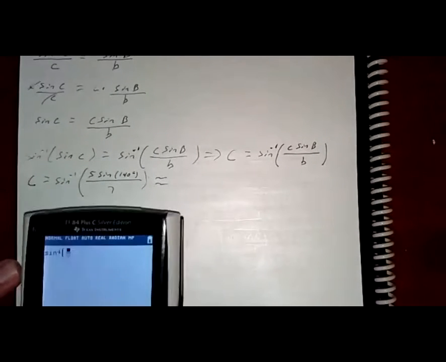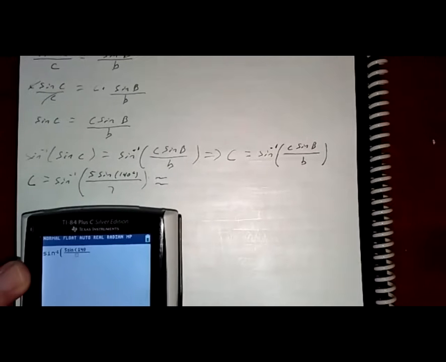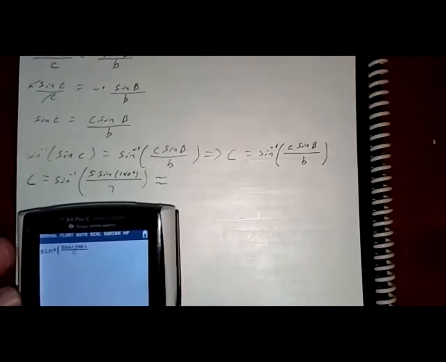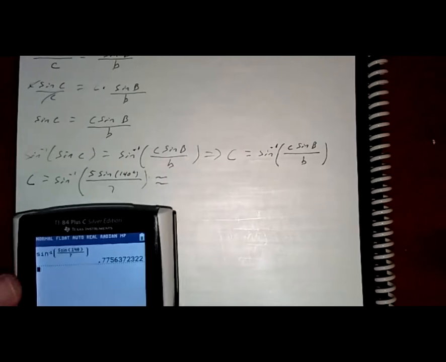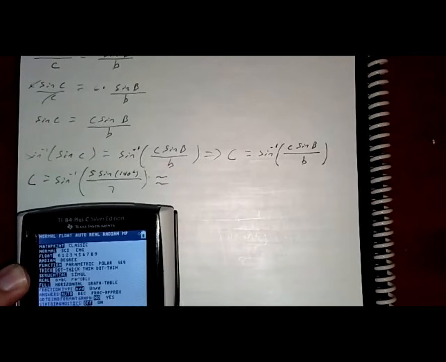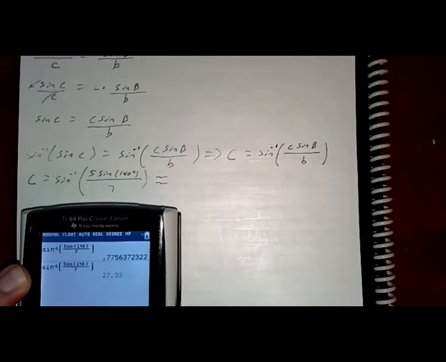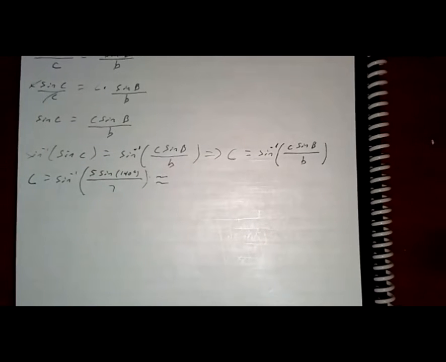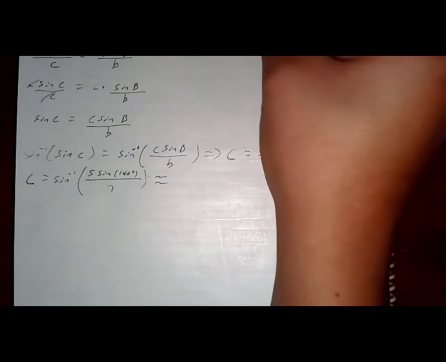I should be in degrees. Let's check. I am not. Okay, so 27.33. Round to 2 decimal places.